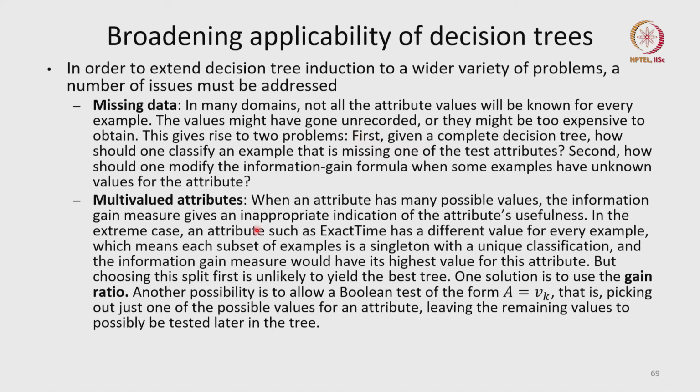The second one is what is called the multi-valued attributes. So when an attribute has many possible values, so for example, suppose you have a continuous value. Okay, so your output can take a continuous value.